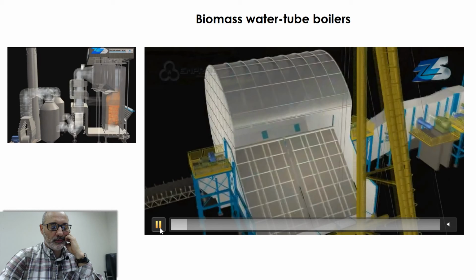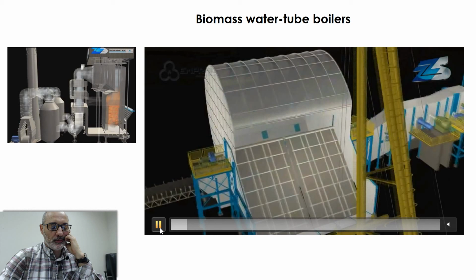So bagasse is being fed here. That's the injection of bagasse. Combustion takes place here. So you have hot gases being formed here, and these hot gases will heat water from the thermodynamic cycle. The remaining temperature of the gases may be used to preheat the injected air.